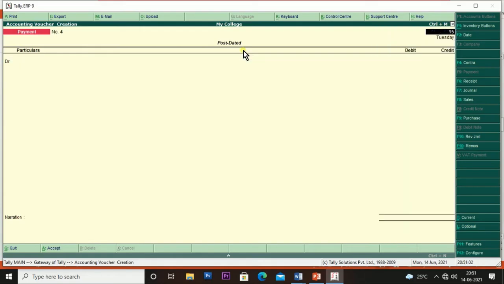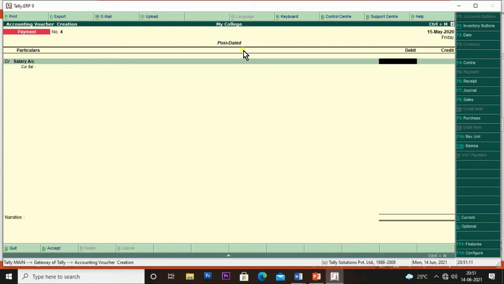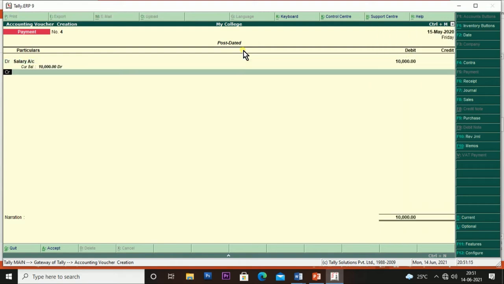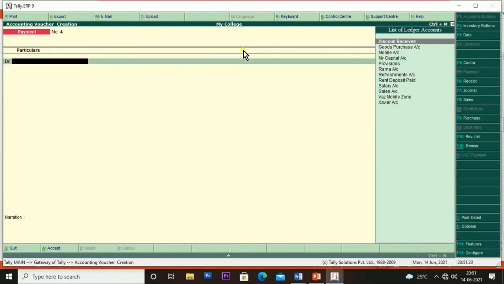Now I will take the transactions for 15th May. One transaction, maybe debit to refreshments, or I'll take salary account, maybe 10,000 rupees, and credit to cash 10,000 as a post-dated for the 15th May. Enter.